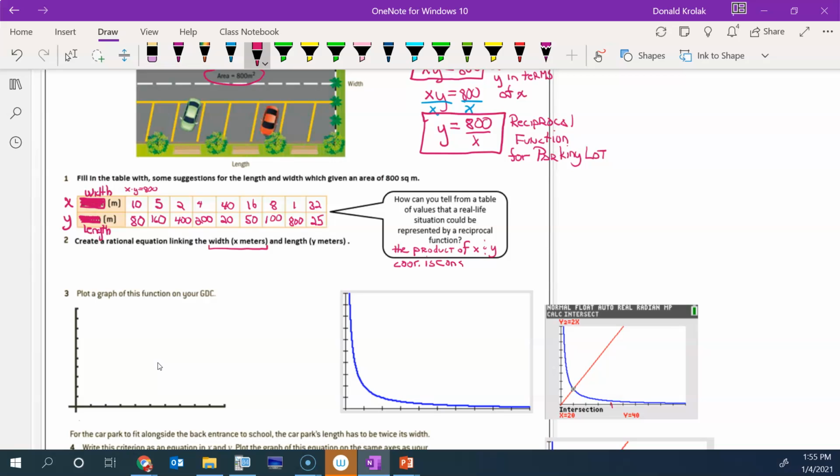In this case, it's always 800. So I recognize that, so I know I can write this as a reciprocal function, which we already did.